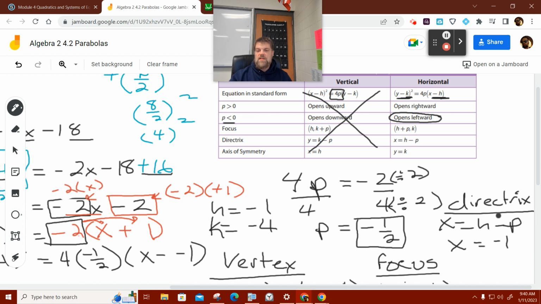Negative 1 minus P, which is minus 1/2. That's the same as adding 1/2. What's negative 1 plus 1/2? Yeah, it's negative 1/2.